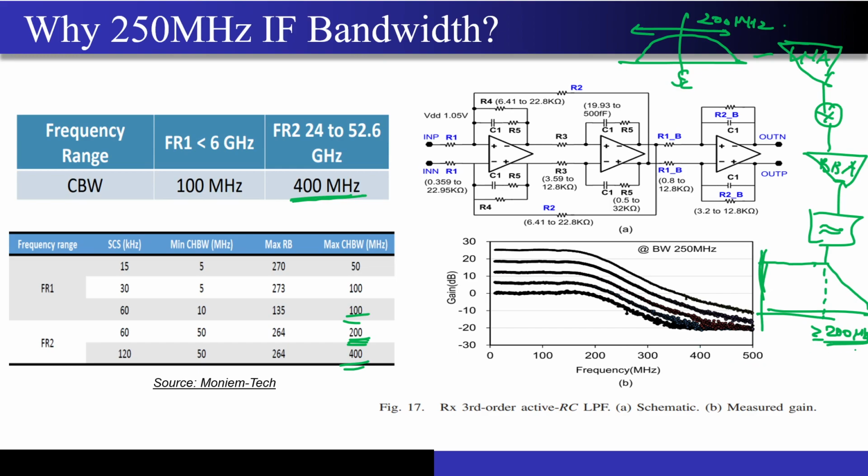And what did we see for making the active filters with a bandwidth greater than or equal to 200 megahertz? It is going to be challenging because the 3 dB bandwidth of your op-amp has to be at least 4x or 5x of that, and your op-amps are going to consume a lot higher power, right?